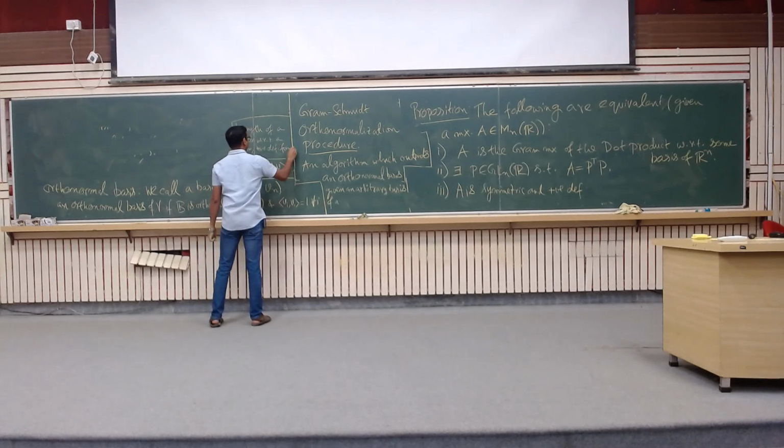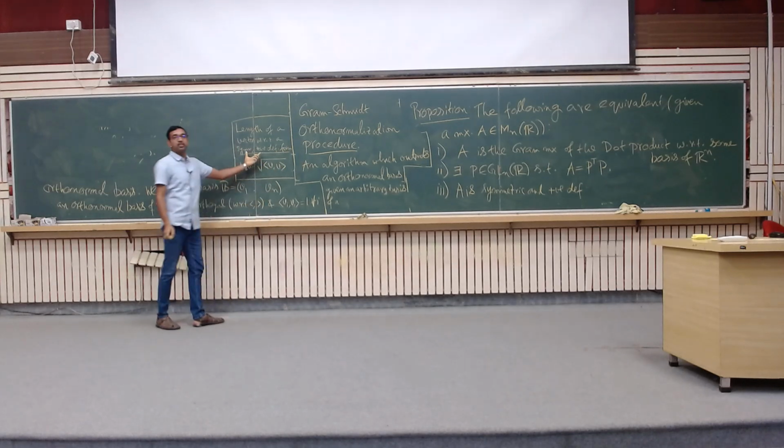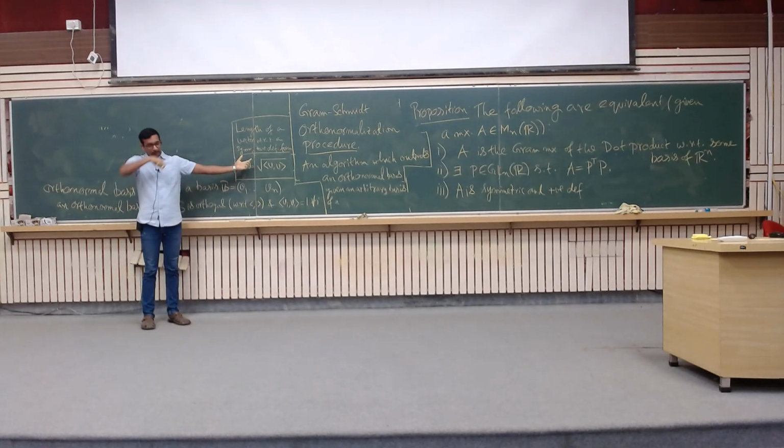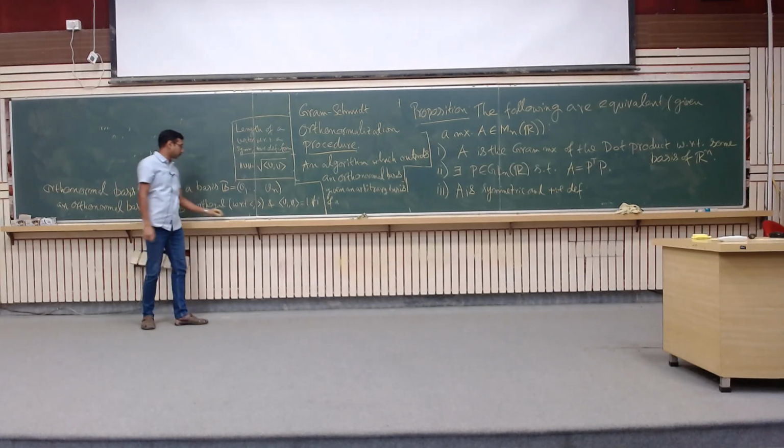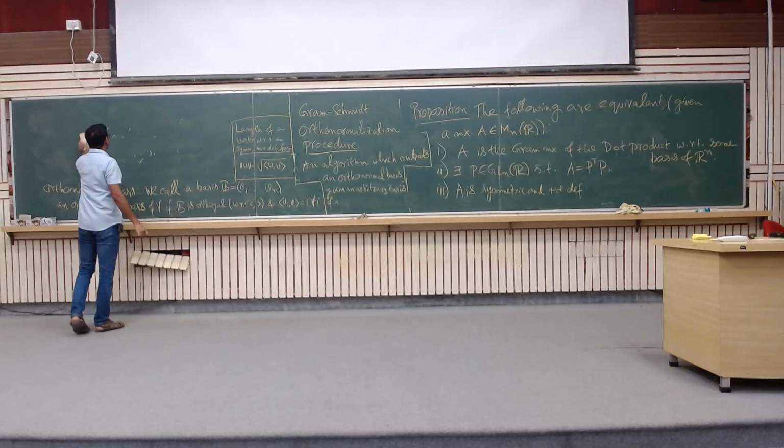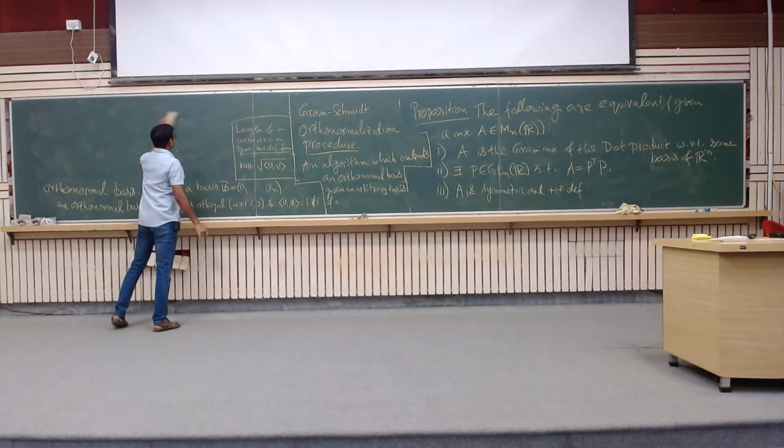And this symmetric and positive definite form we are going to call an inner product. Later, instead of symmetry, we'll have Hermitian symmetry. That is something else, and those also we'll call inner products over complex vector spaces. Soon, perhaps in the next class, we'll see what Hermitian forms are.